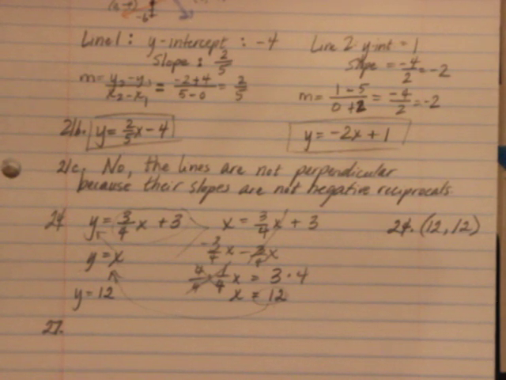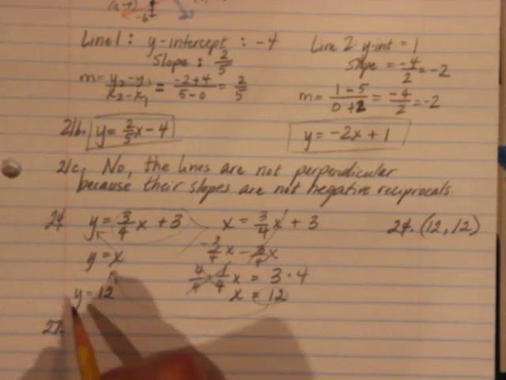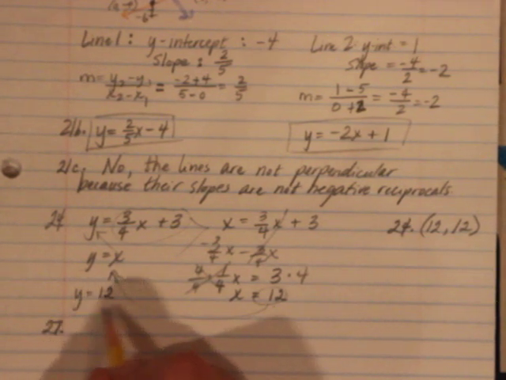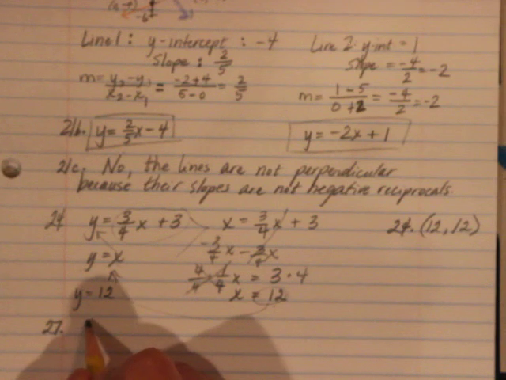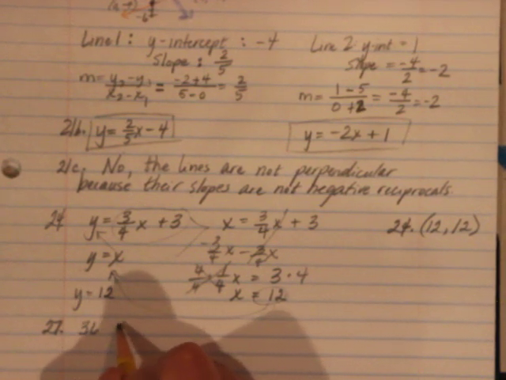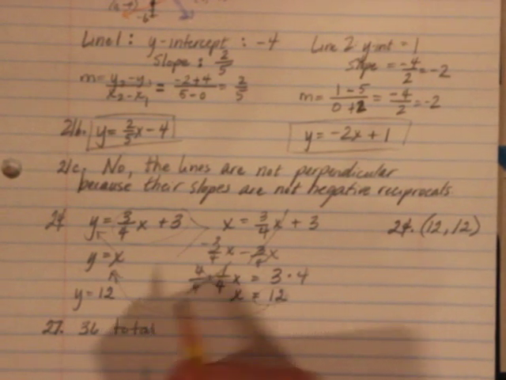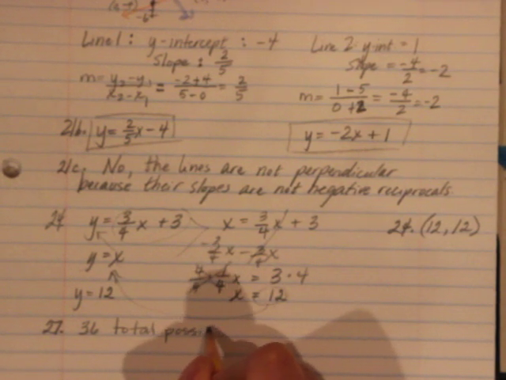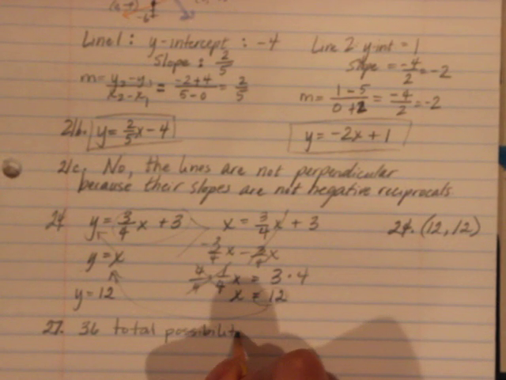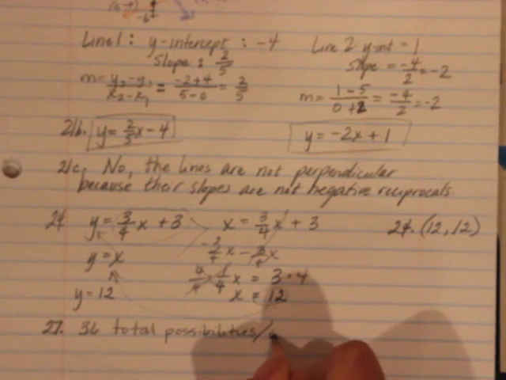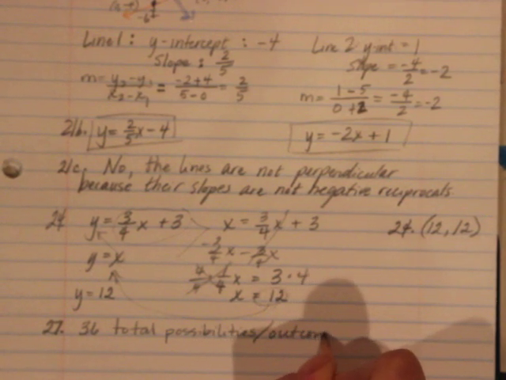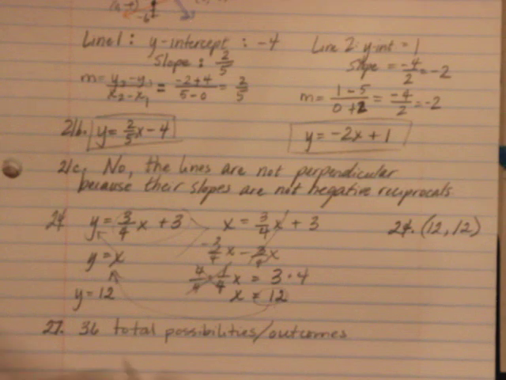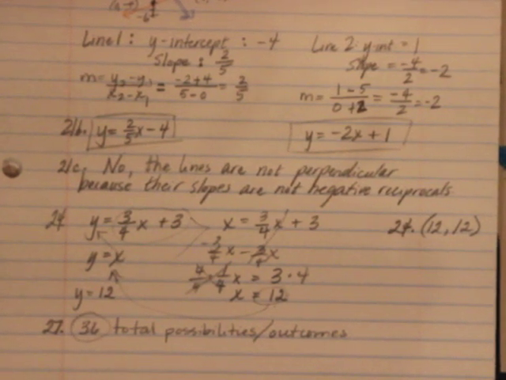What are all the possibilities of getting a sum? We already know that the total possibilities on those two number cubes, if we remember, right, is we have 36 total possibilities or outcomes for rolls, right? So I know that that's what's going to go in the denominator.